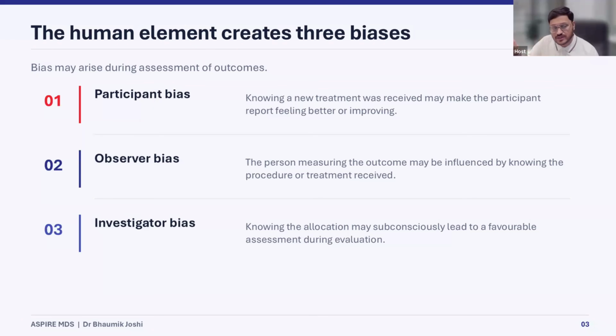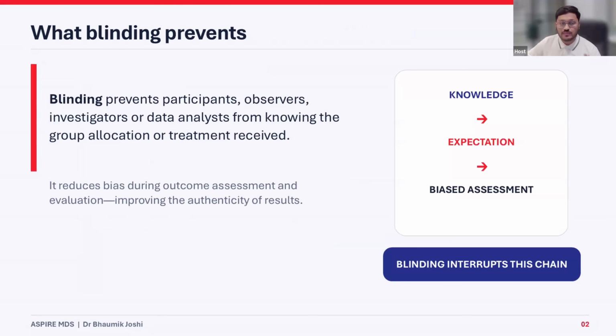So this participants, observer or investigator bias can take place, and to prevent it, we do the blinding. Blinding prevents the participants, observers, and the investigators, or the person who is analyzing the data, from knowing the group allocation.